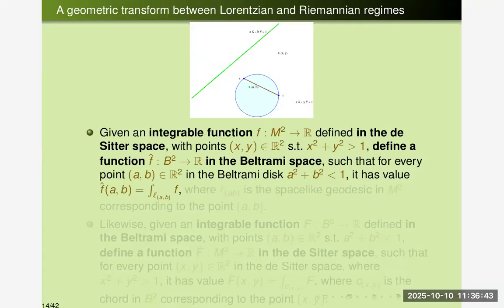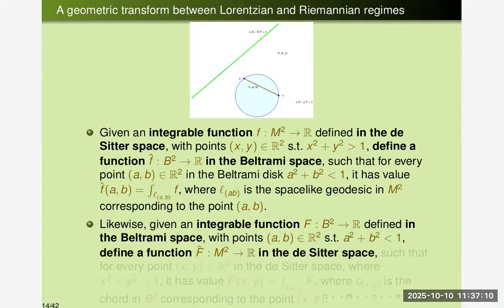And I can do the other way around. If I have a function here, then I define a function in here by assigning the value at the point of B of this function f star to be the integral of this function f along the line corresponding to the point B. And likewise, the other way around.